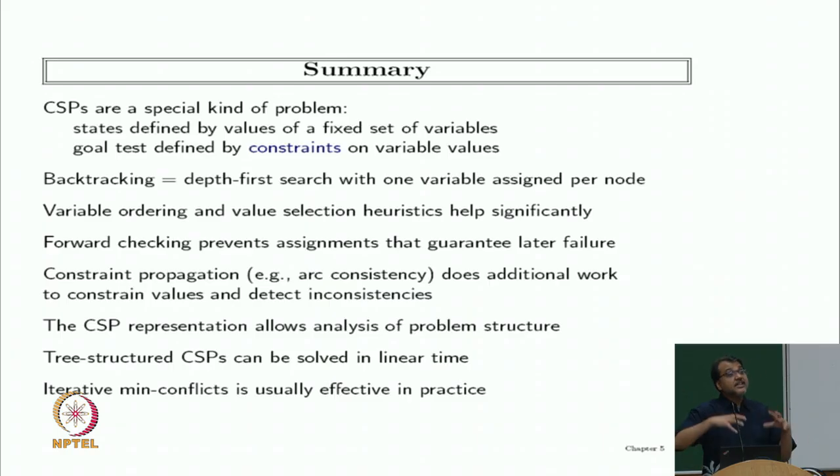CSP representations can also allow faster algorithms if there are specific kinds of problem structures, and we talked about tree-structured CSPs that can be solved in linear time, and also cutset conditioning, where I can convert a general CSP into a tree with a little bit of effort. And then we said that we did all this with systematic search, but we can also do this with local search, and typically it will scale better. There is not that much more to tell you about local search, so we didn't go into the detail of that. Okay.